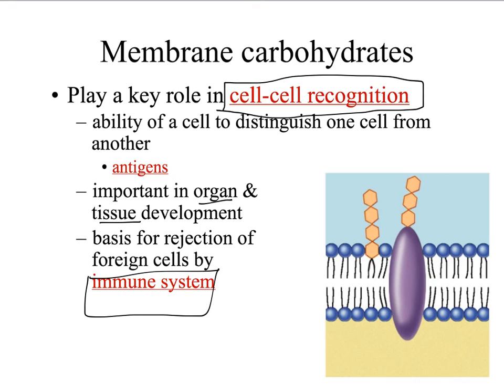So if you have a tumor growing, for example, your body will start to identify that it's a tumor cell and not a kidney cell, because the glycoprotein attached to the tumor cell is not the same as the glycoprotein attached to your kidney cell. And so carbohydrates play a major role in cell-to-cell talking and the overall health of the cell.